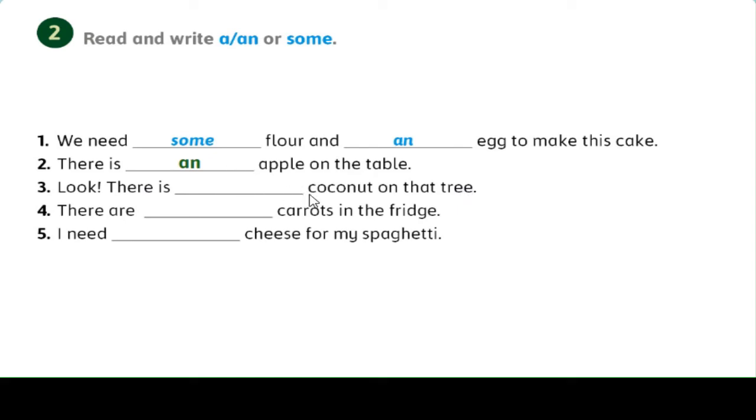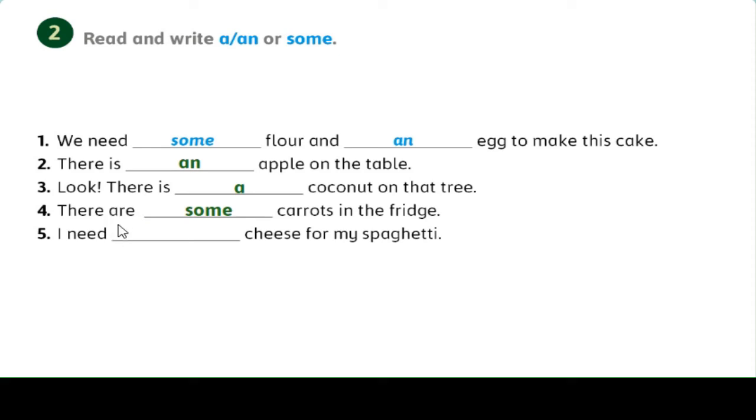So can we use an here? No, we have to use a coconut, because coconut starts with C and C is a consonant. There are plural items, so a or an? We don't use a or an with plural. So exactly, some.